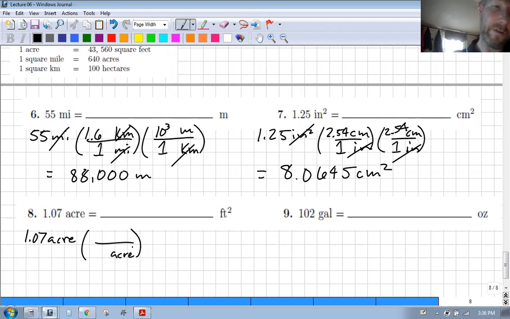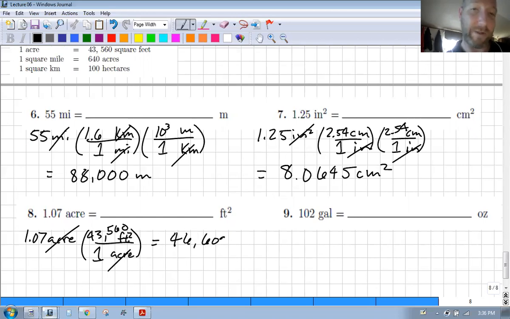Get rid of acres. You get square feet. 1 acre is 43,560 square feet. Acres are gone. If you multiply this out, 1.07 times 43,560 gives us 46,609.2 feet squared.